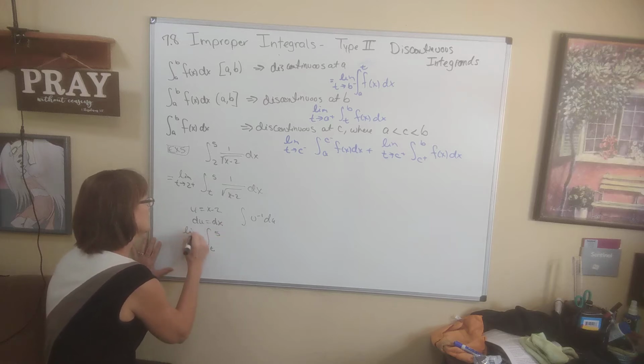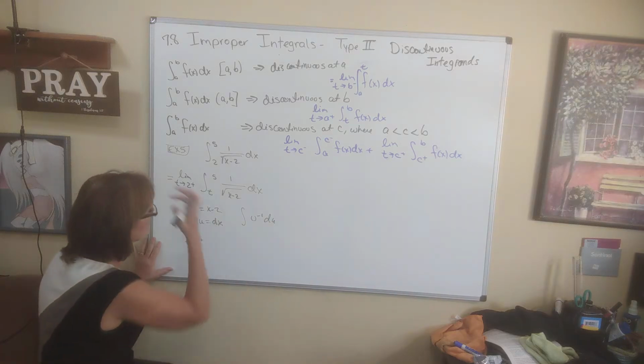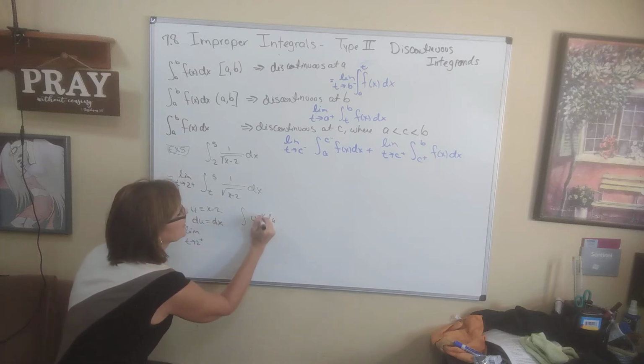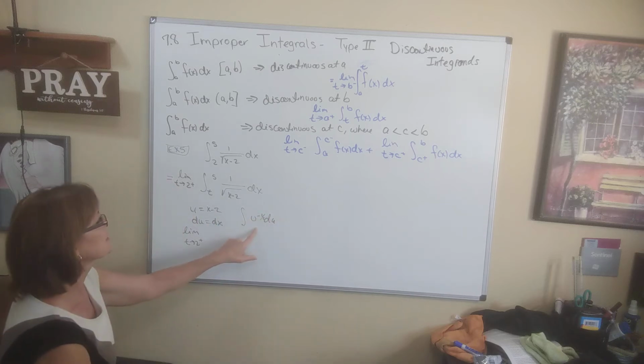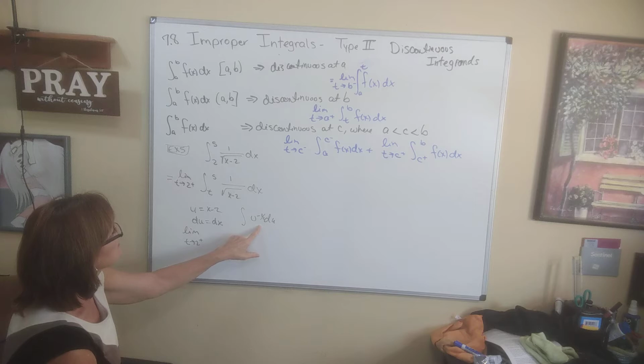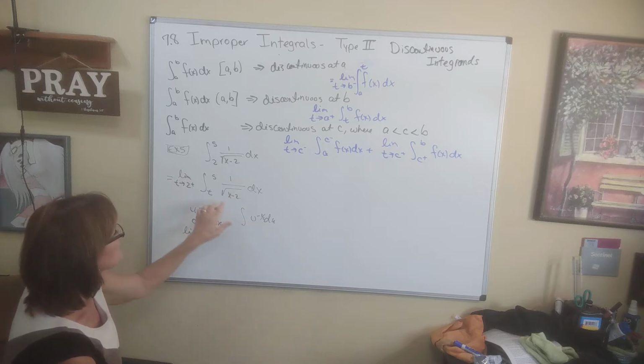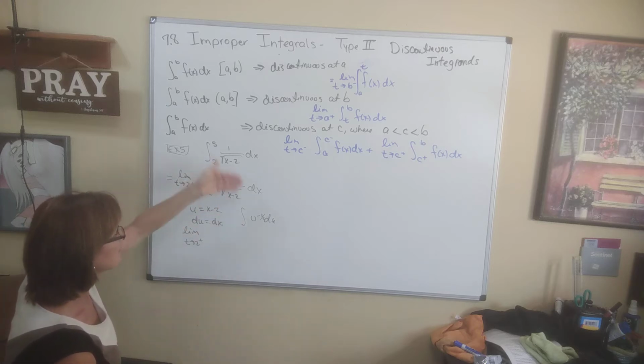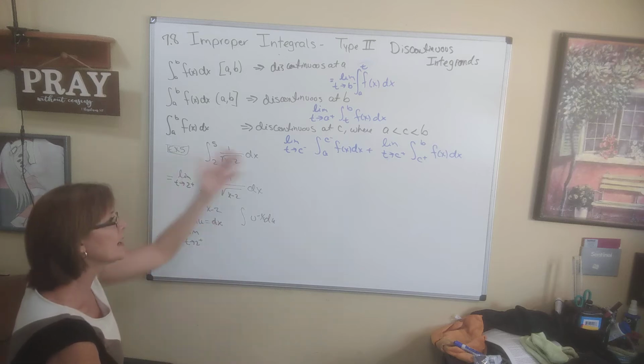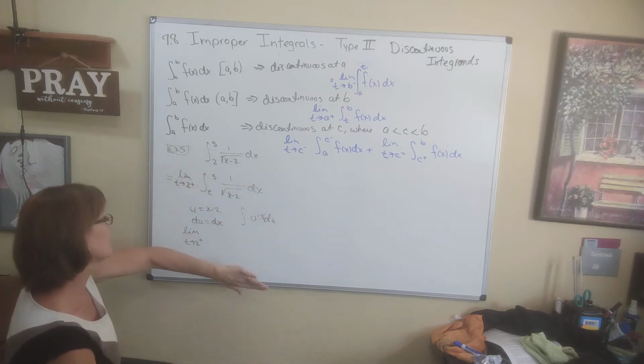So basically when I integrate this, I get the limit as t goes to 2 from the right. Actually it's u to the negative 1/2 that I need to integrate. Because this is the square root in the denominator, it's u to the negative 1/2, so it's going to be u to the positive 1/2 divided by 1/2.